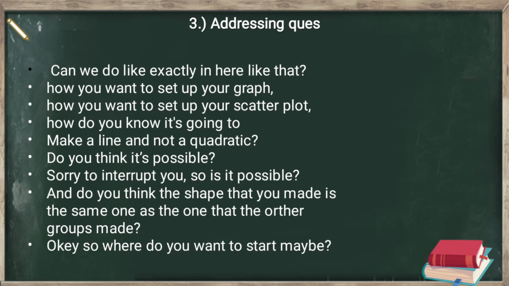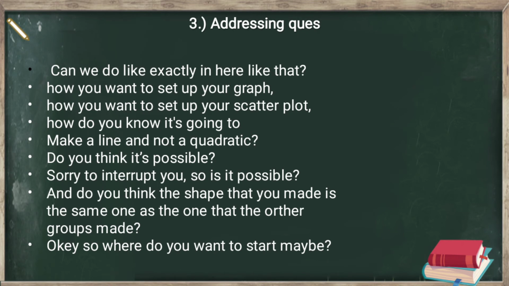Do you think it's possible? Sorry to interrupt you. So is it possible? And do you think the shape that you made is the same one as the one that the other group made?